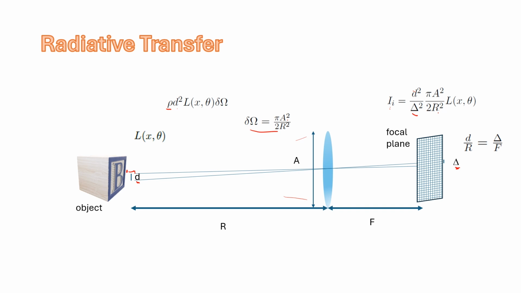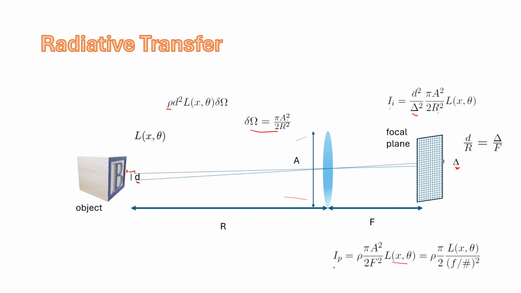The delta squared will cancel then, and we'll get that the irradiance, the energy per unit area striking the focal plane, is the reflectance of the object times a squared over f squared times the radiance of the object. Now the f over a, of course, is the f number.